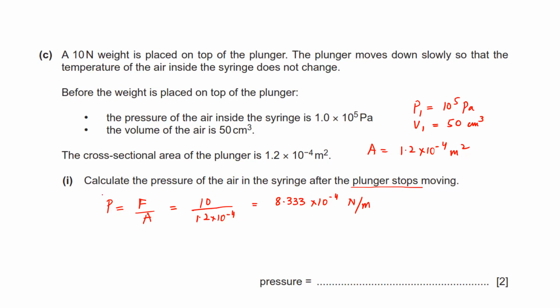So this is the pressure because of this 10 Newton weight. The total pressure of the air after the plunger stops moving will be the initial pressure, P initial, plus the pressure because of this 10 Newton weight. The initial pressure was 10 to the power 5 pascals, plus 8.33 into 10 to the power 4 pascals.